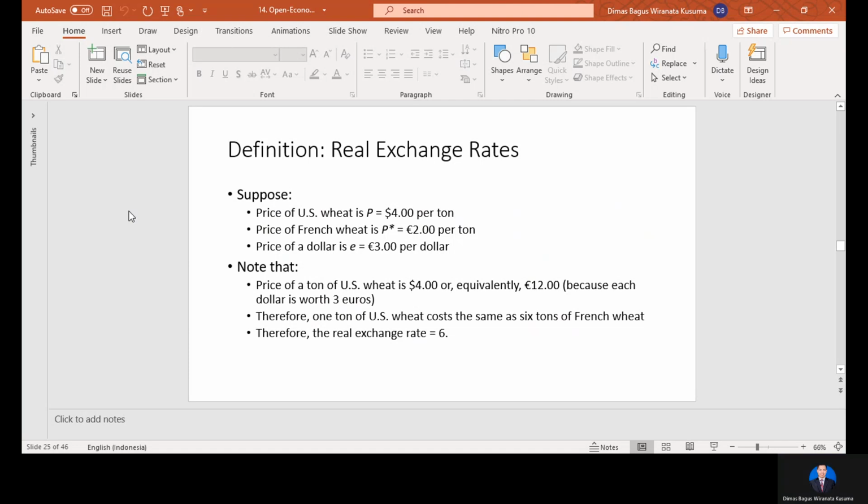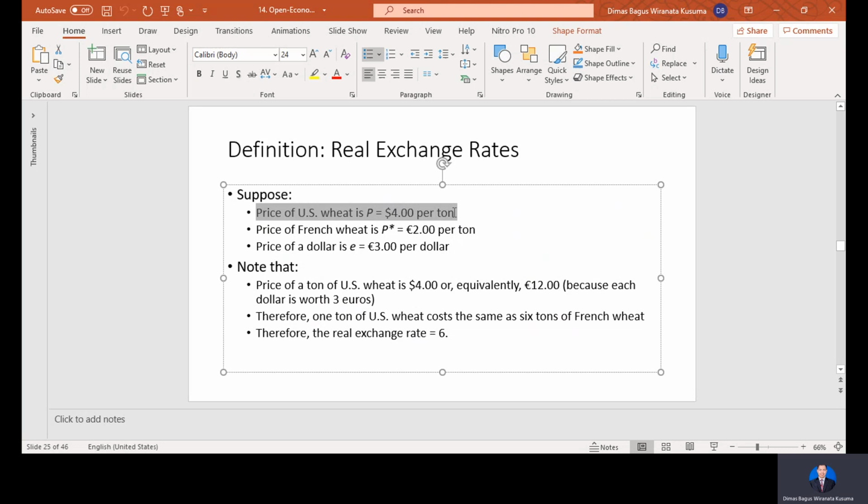Yeah. Let me see another example. Here, the price of US wheat is $4. The price of a dollar in euro is 3. So you have here 4 times 3, 12. So how much is the real exchange rate from the US perspective? 12 over 2 is 6.